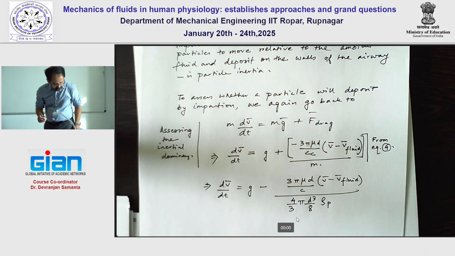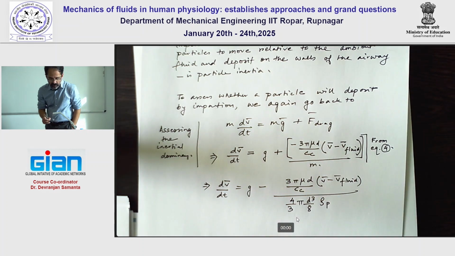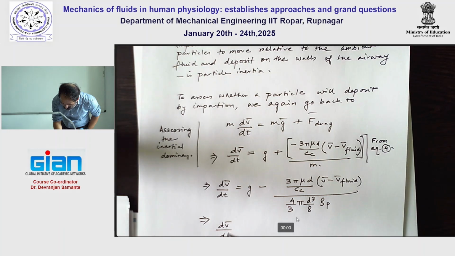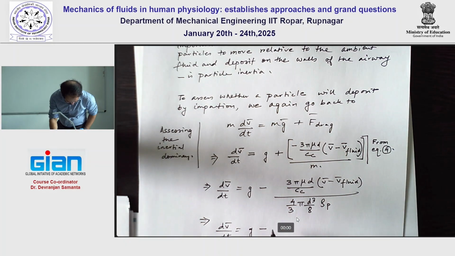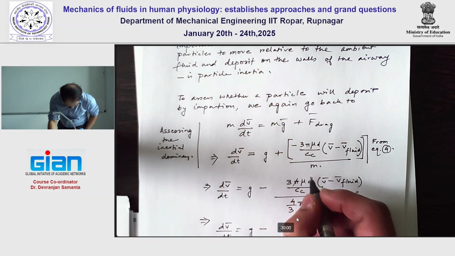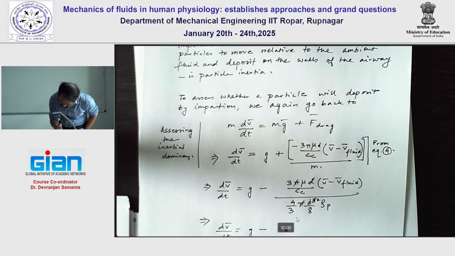So let's now cancel the different terms that we can cancel. So sorry, this is Cc. So this becomes 18, the pi's get cancelled, one of the d's would get cancelled as well, so this makes it d squared.